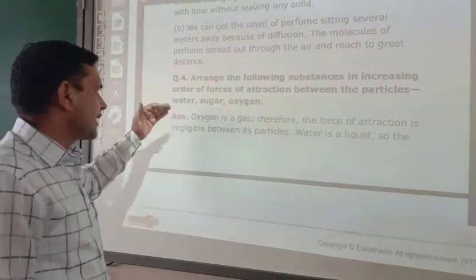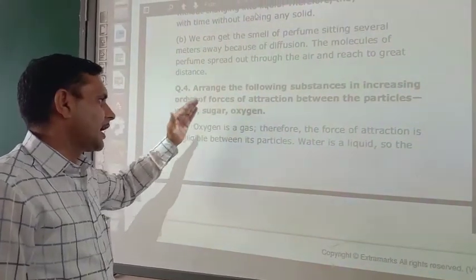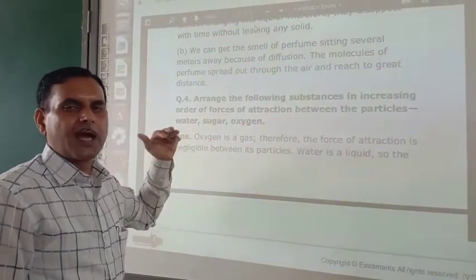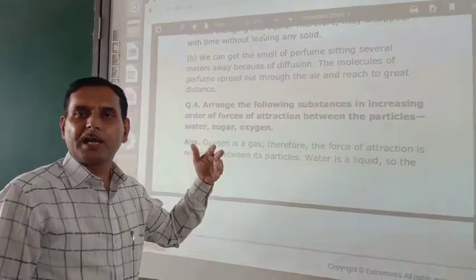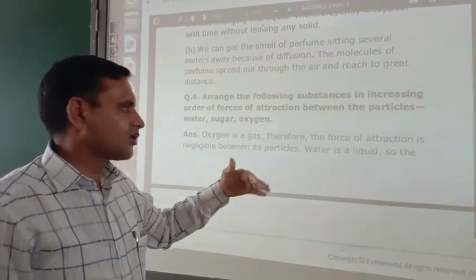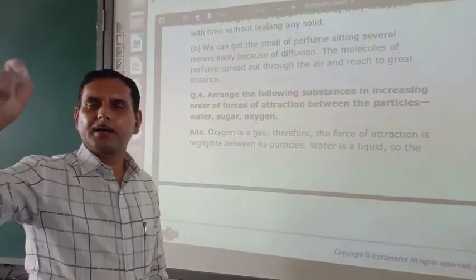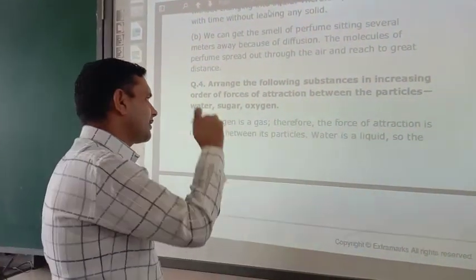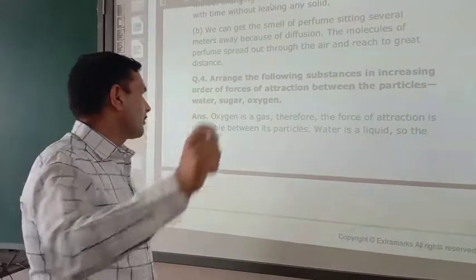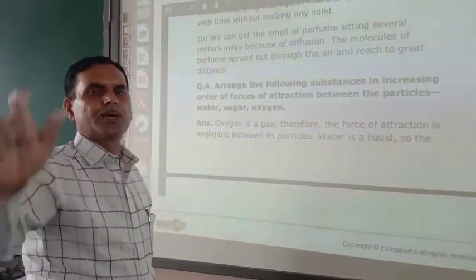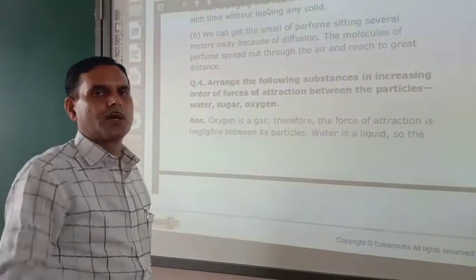Sugar is a solid substance, and in solids the interparticle attractive force is strong. So what is the order here? The weakest interparticle attractive force is present in oxygen, then water, then sugar. The highest is in sugar.